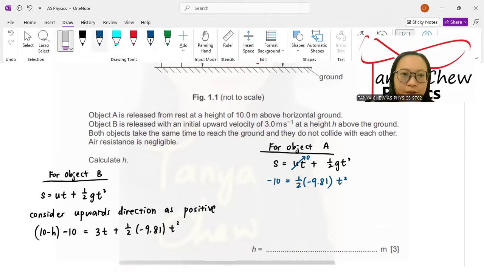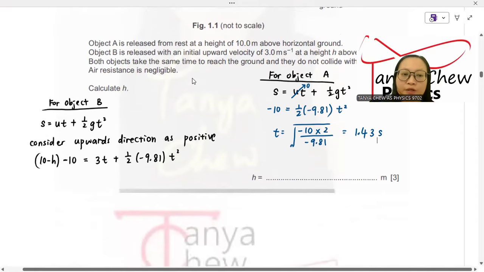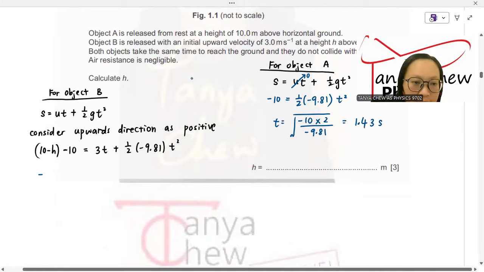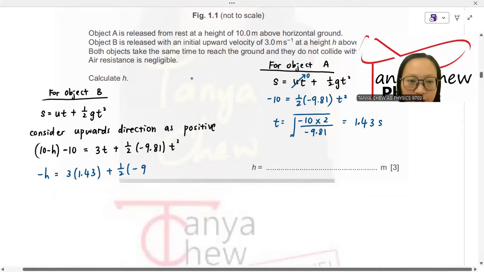I'm going to make t the subject right away. So t is equal to negative 10 times 2 divided by negative 9.81. Bear in mind, negative and negative, you just cancel them off. The t that I got was 1.43 seconds. Sub into the equation of B. So 10 minus h minus 10, I get negative h here. 3 times 1.43 plus 1 over 2 times negative 9.81 times 1.43 squared.